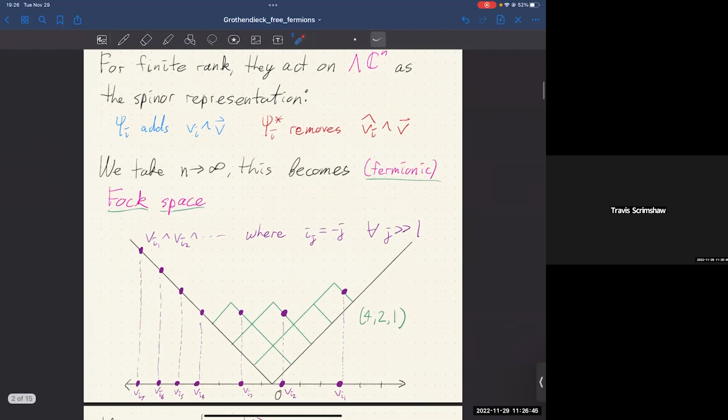So this regularity condition is that I'm going to have an infinite wedge, and I will put them in decreasing order. And the regularity condition says that if I go sufficiently far out, then my jth value is equal to negative j. This is fermionic Fock space.